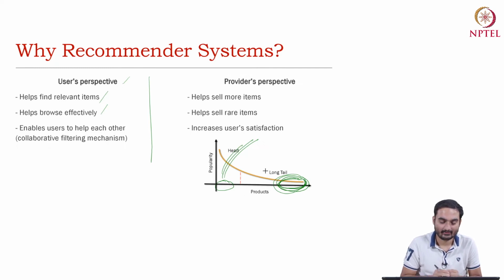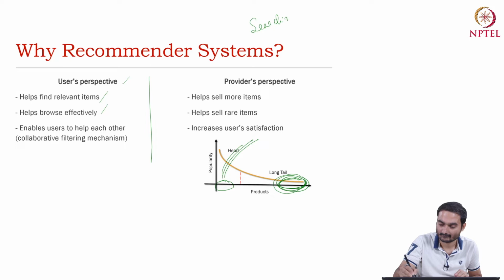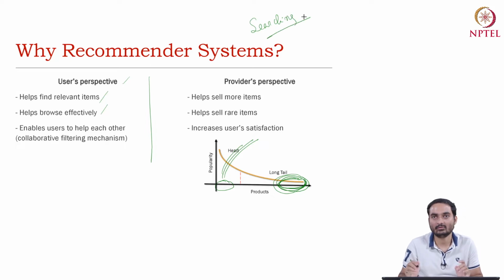Recommendation and searching are very relevant, as you can understand, but there is a slight difference. In searching, the user knows exactly what he is looking for, whereas in recommendation, the user may not know what he is looking for.